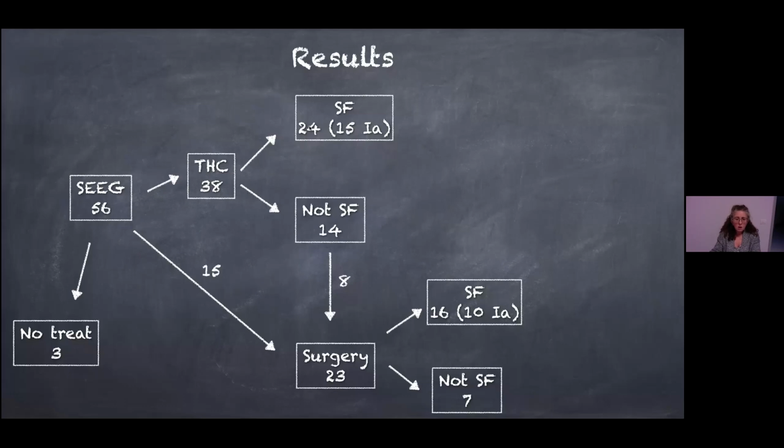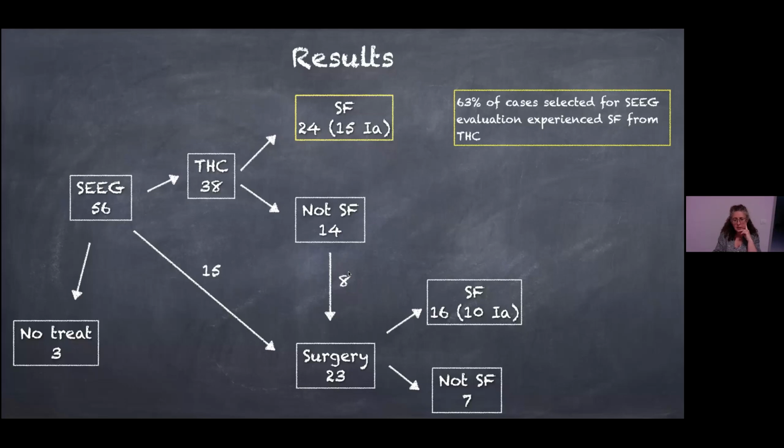Among these, 24 were seizure-free and 14 were not seizure-free. Then 8 of these 14 were operated on. So 63% of patients that underwent thermocoagulation in periventricular nodular heterotopia experienced seizure freedom.